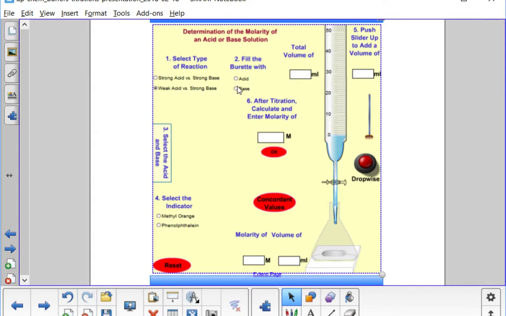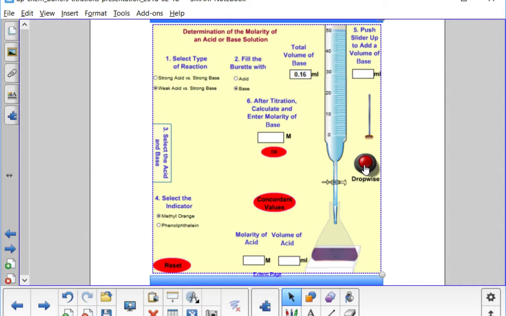Then you can fill the burette, choose an indicator, and then add drop by drop into the flask until you get a color change.